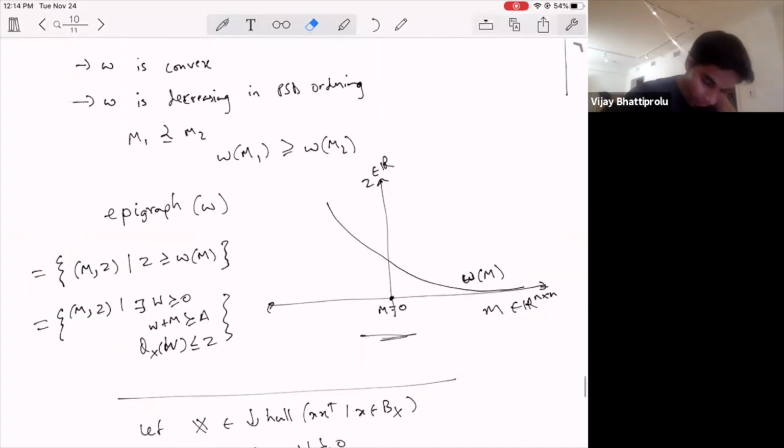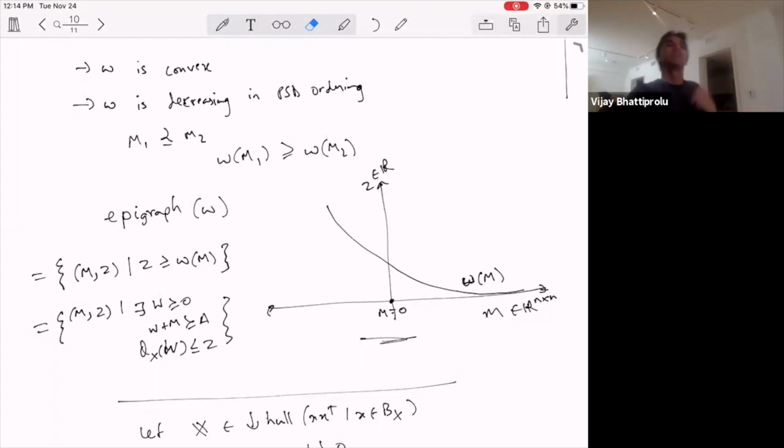So again, going back to this epigraph. We define this function omega, it's convex and decreasing, right? And then we can look at its epigraph. As a consequence of it being decreasing in the PSD ordering, it's actually upward closed.